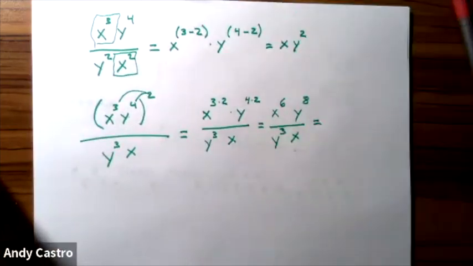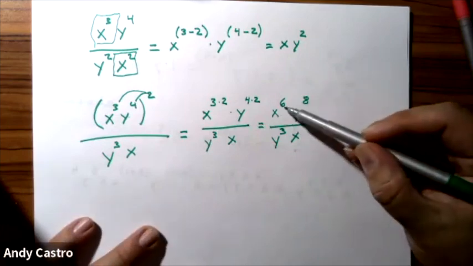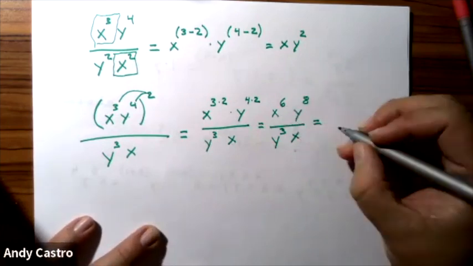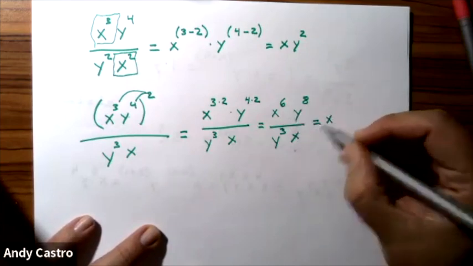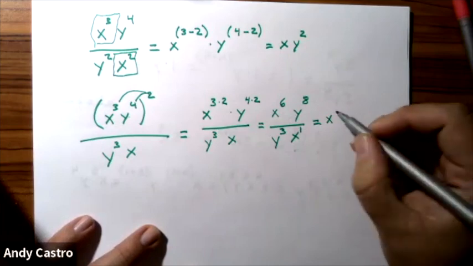Okay. X to the 6th over x. So this is x to the 1 power.